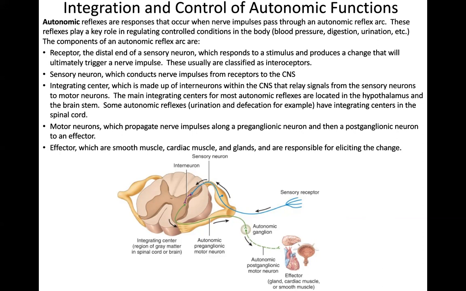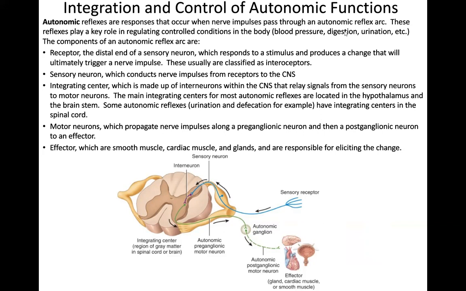Flexor withdrawal reflex, like when the guy stepped on a tack. Those were all described as somatic reflexes. Somatic reflexes involve skeletal muscle because that's what the somatic nervous system controls. Well, autonomic reflexes control your cardiac muscle, your smooth muscle, and your glands. And just like somatic reflexes, we have a reflex arc. This time we call them an autonomic reflex arc.